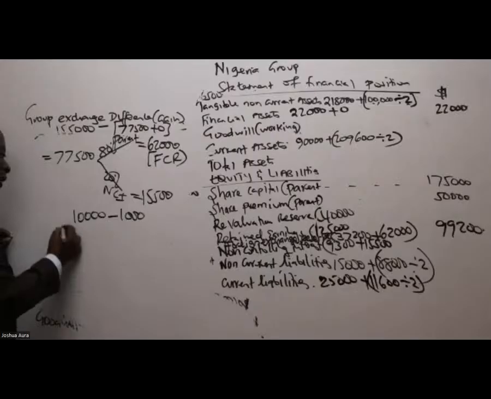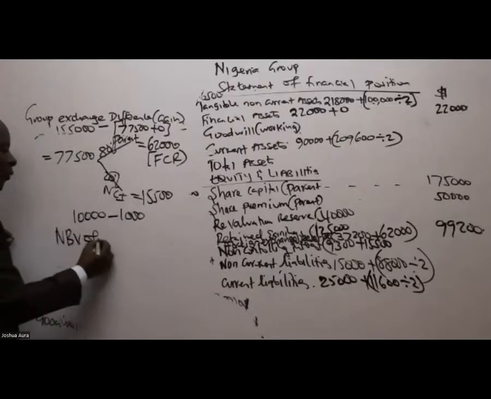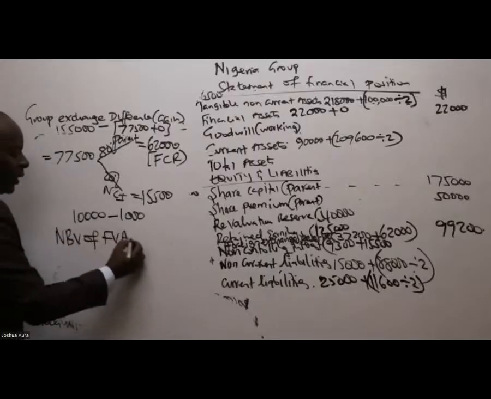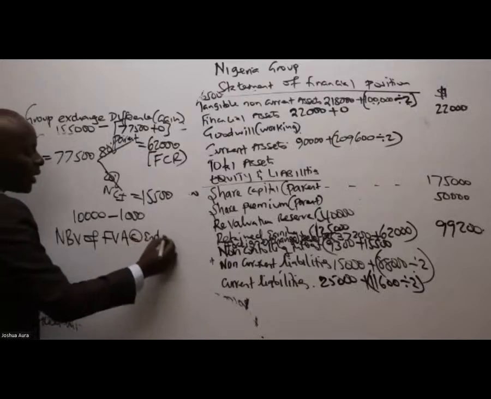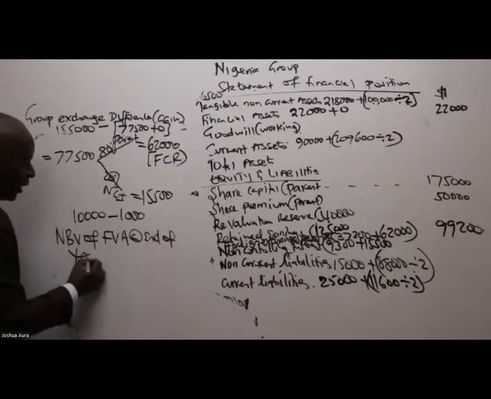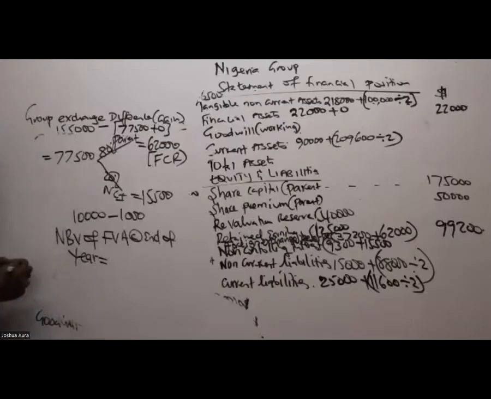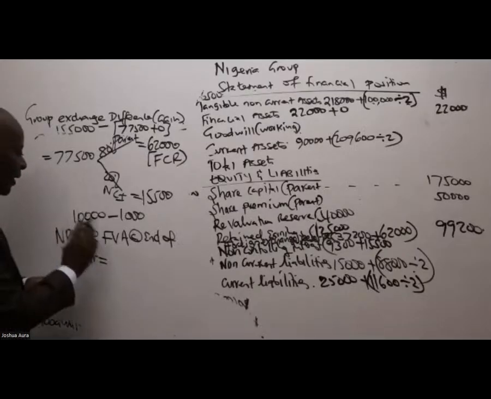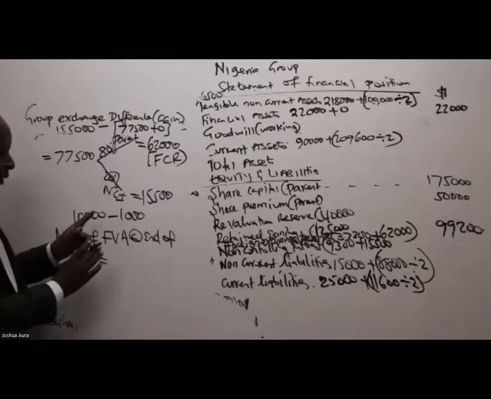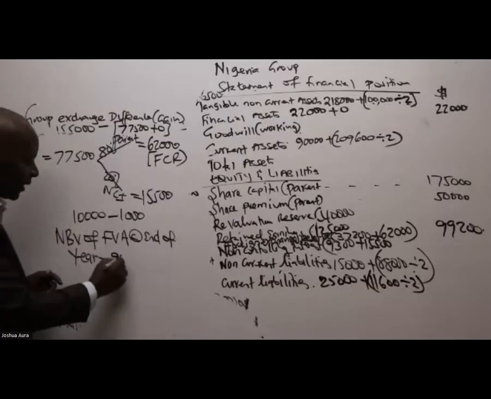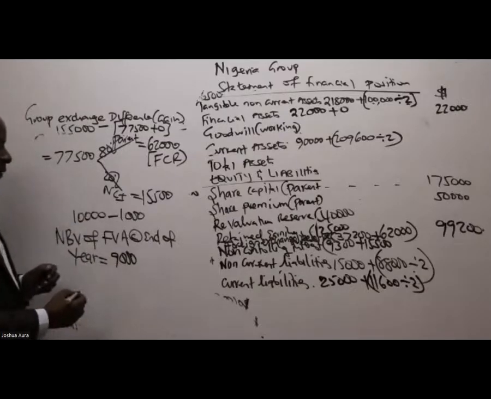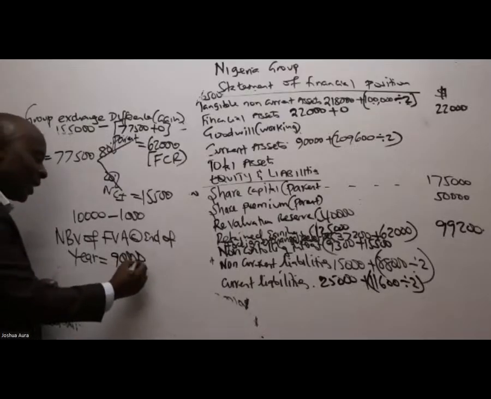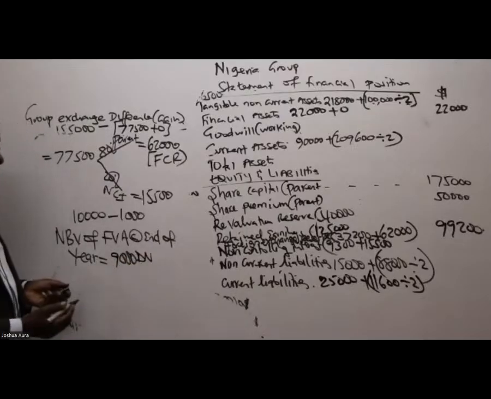So what is the net book value of this fair value adjustment at the end of the year? This will be 10,000 minus 1,000, which gives me 9,000 DN.